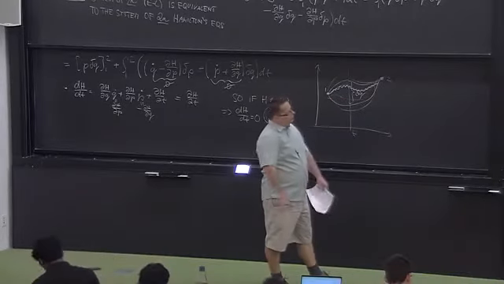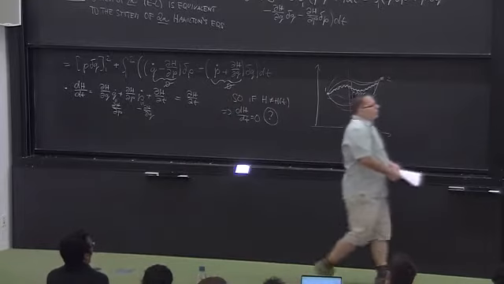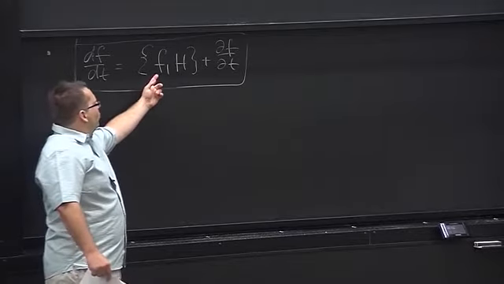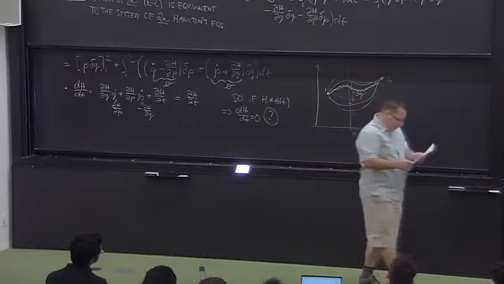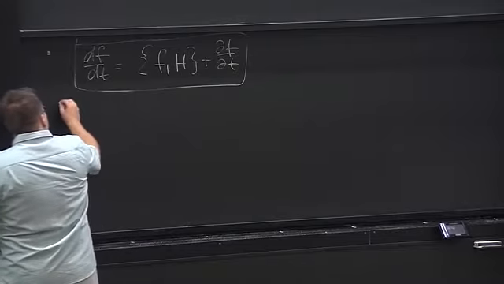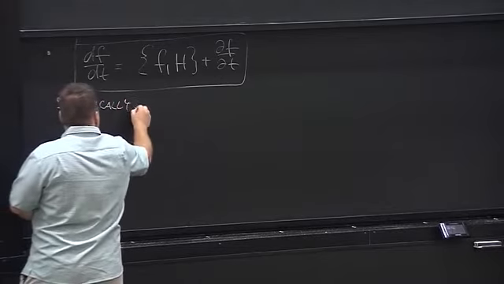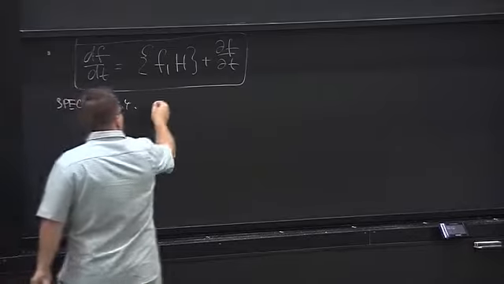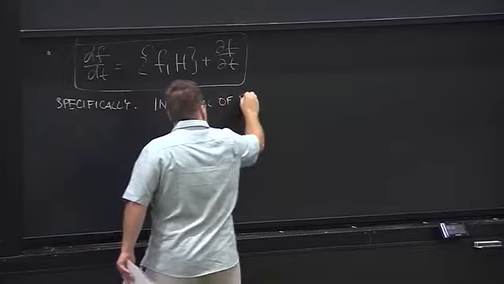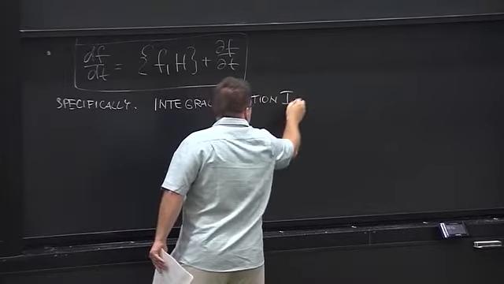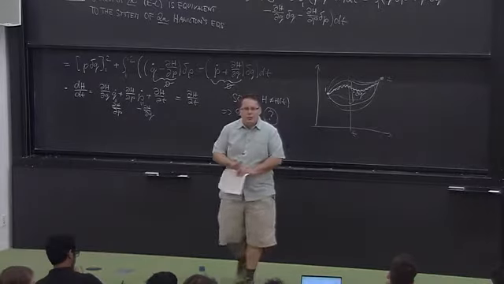It's really, really beautiful. If you have no explicit time dependence, then time evolution is simply given by the Poisson bracket of whatever you want to evolve, and the second slot is given by the Hamiltonian. Okay, so specifically, if you want the integral of motion, we know that the integral of motion is something for which dI over dt is equal to 0.